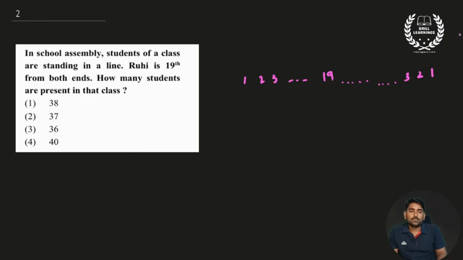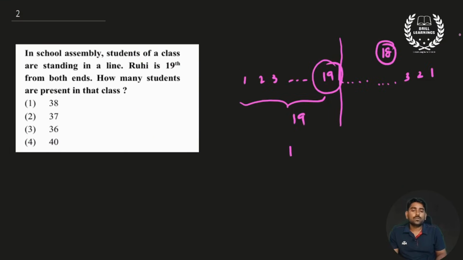From both ends he is 19th. That is why split here. Up to here how many members are there? 19. Later his position is 19th from the back end also. So up to here 18 members are present. So total 19 plus 18, that is 37.